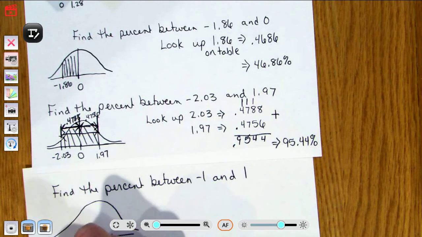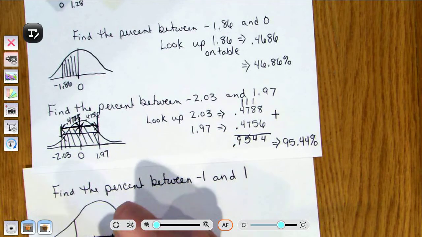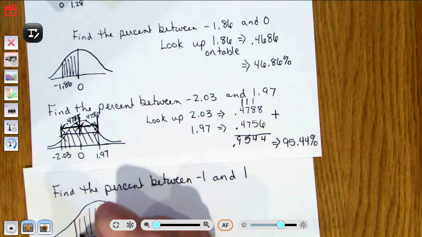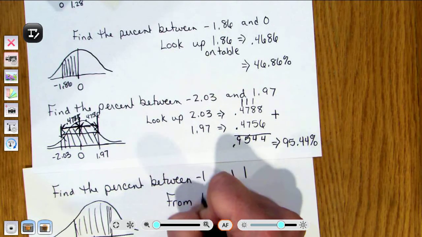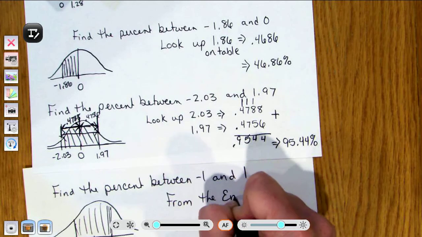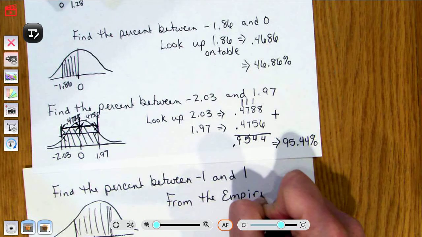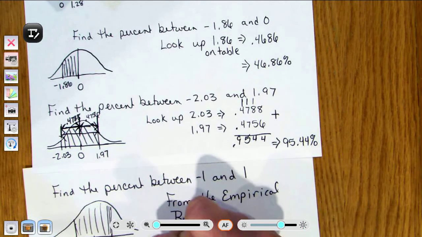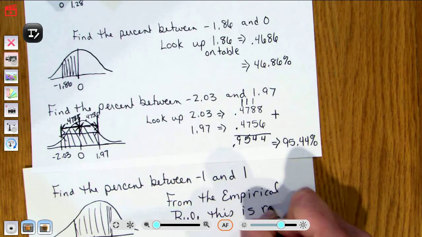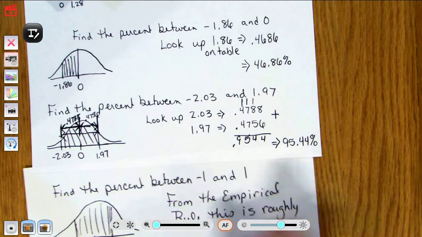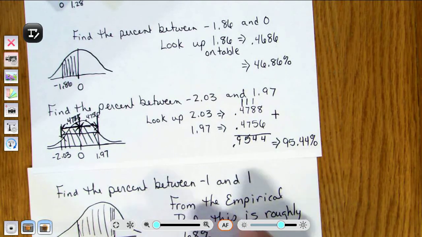There's 1, there's -1. Since those are my standard deviation, what we should see is from the empirical rule, which we did in video 1, this is roughly 68%.